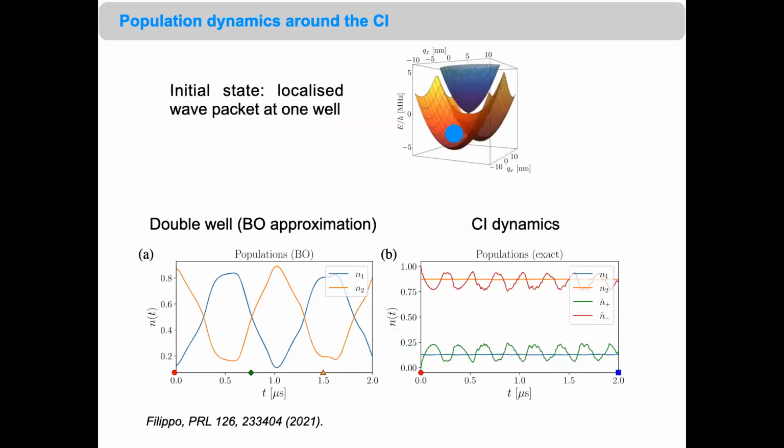This is different if we assume there is no upper potential surface, then we have a trivial double well potential. So if we have a wave packet here, what we find is this rapid oscillation between the two wells. And this is the simulation corresponding to the previous movie, where you see that the oscillation is suppressed.